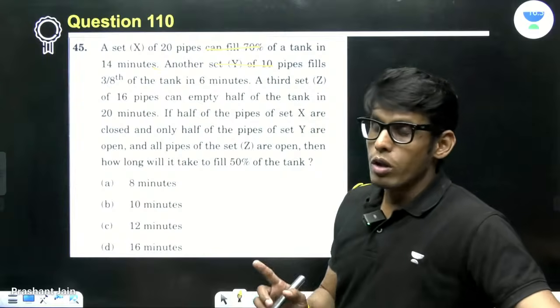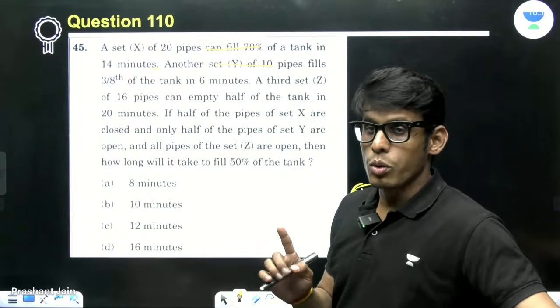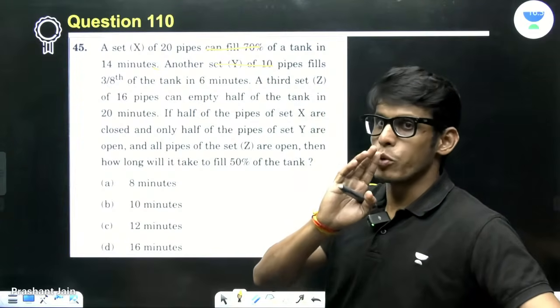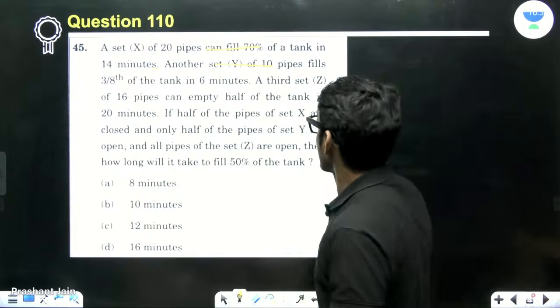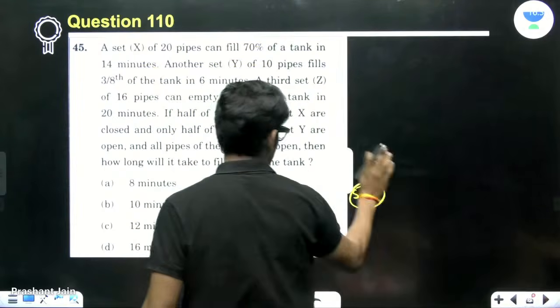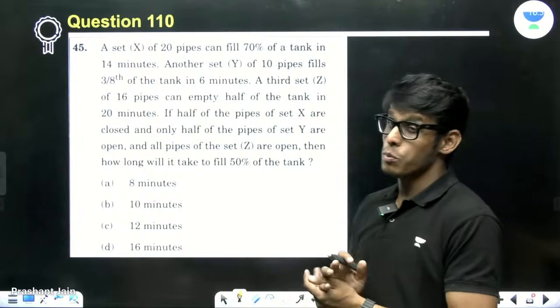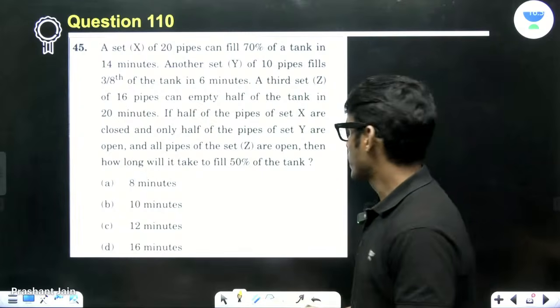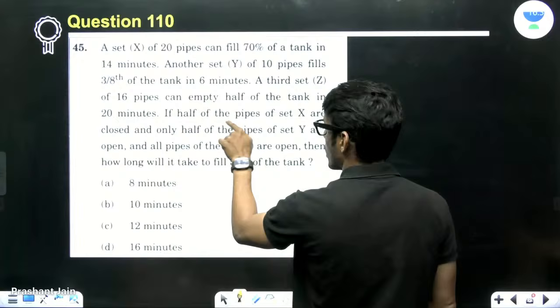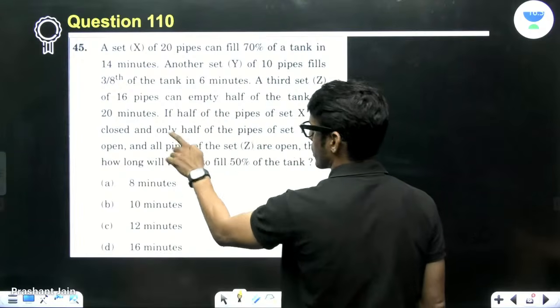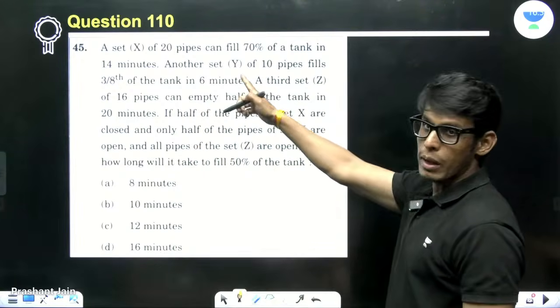Because see, it involves you to. So let me do it for you. Let me tell you how to think smart in this. First of all, I have seen half of the pipes of set X are closed. So only 10 pipes are running.